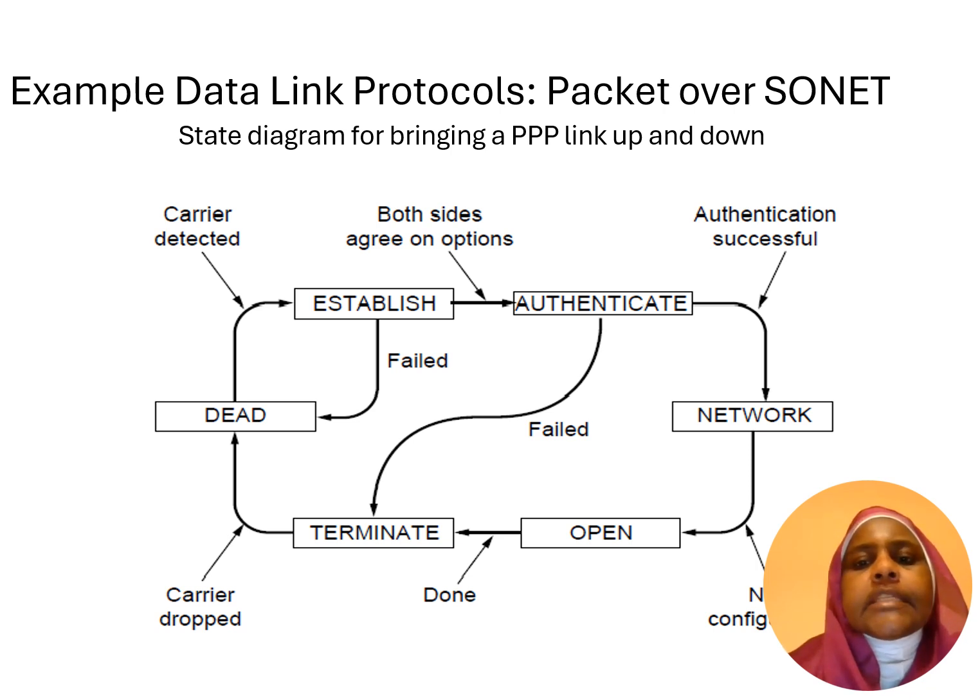If the authentication was successful, we will move to network. Otherwise, if the authentication failed, we will move to terminate. At network, there will be configuration for the network layer using network control protocol. When this is done, the connection is open and the data is transported. After the data transportation has finished, the connection will be terminated, the line will be dropped, and we will go back to dead.